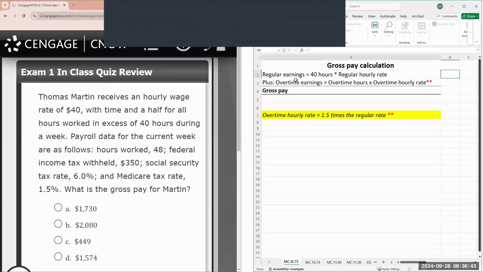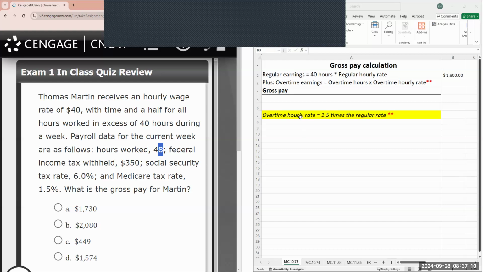So our gross pay is our regular earnings plus our overtime earnings, and that gives us the gross pay, the total amount that we've earned. So in this case, we know that he receives $40 an hour, so it'll be $40 an hour times the 40 hours for a total of 1,600, and it lets us know that he worked 48 hours. So therefore, 8 hours were in excess.